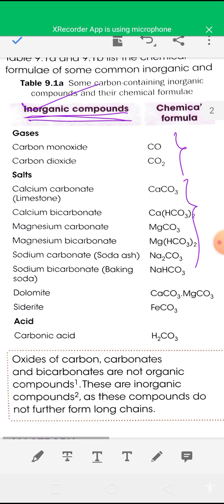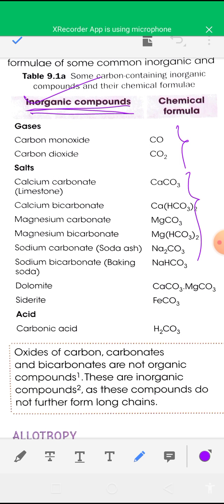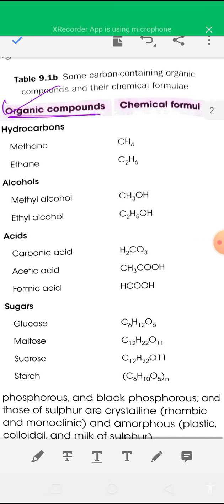So oxides of carbon, that is CO, CO2, and carbonates, bicarbonates, that is NaHCO3, Na2CO3, are inorganic compounds because these compounds do not further form long chains.